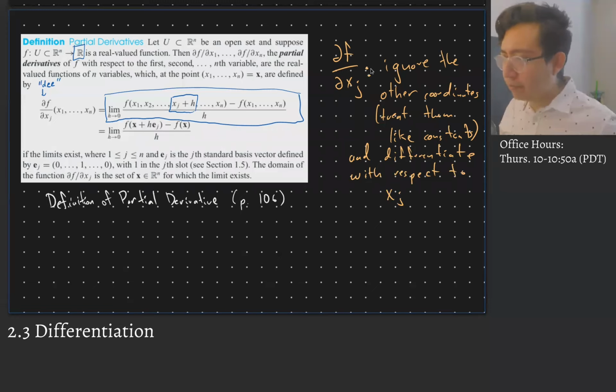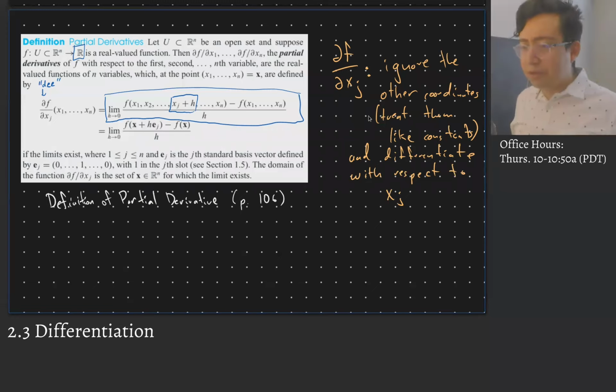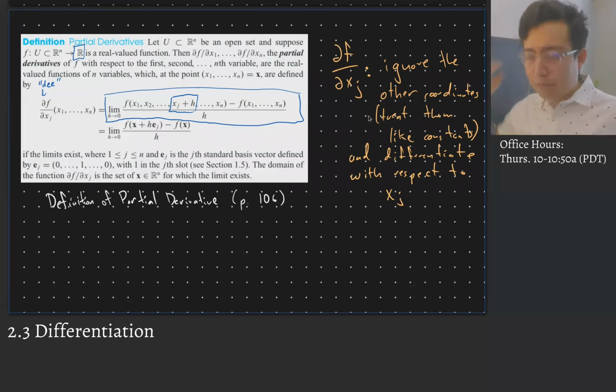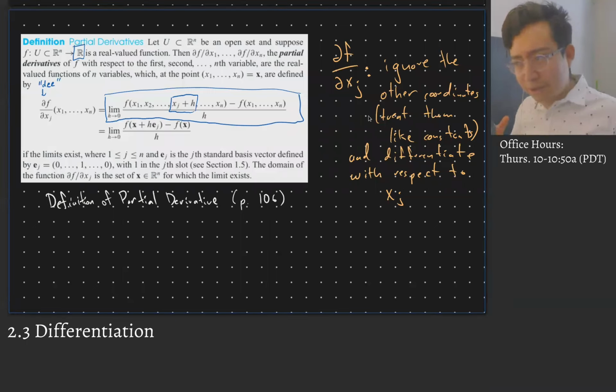Okay. So this is what a partial derivative is. You ignore the other coordinates, treat them like constants, as if they were just numbers, and then you take the derivative with respect to one specific variable.